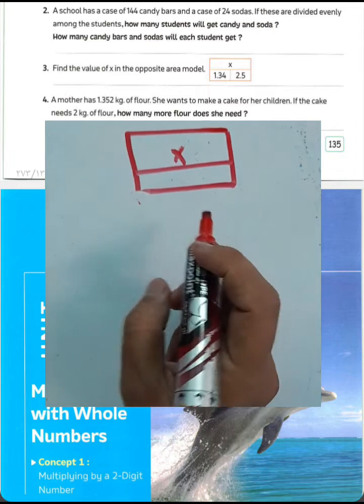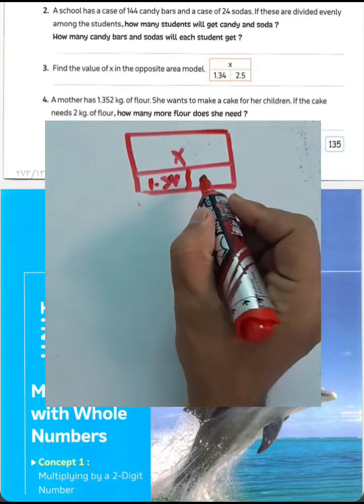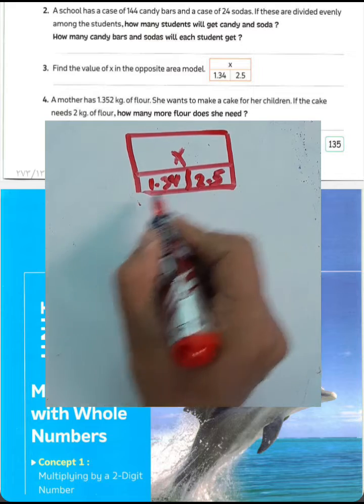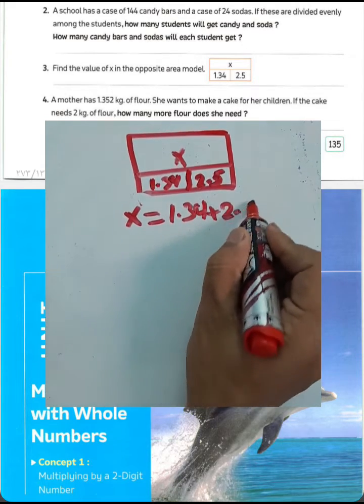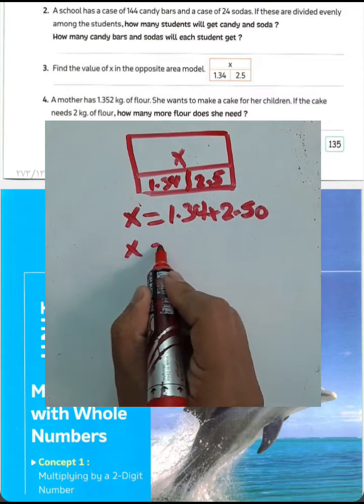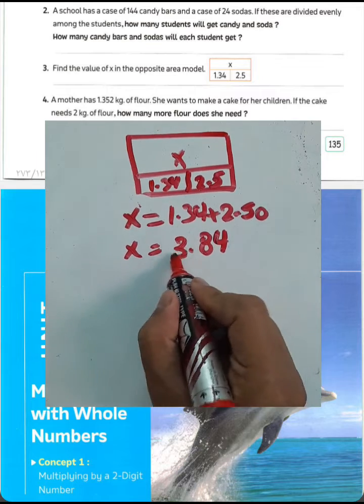We have x at the top and 1.34 and 2.5 at the bottom. We can add them: 1.34 plus 2.5. Put 0. 0 plus 4 equals 4. 5 plus 3 equals 8. Put the point. 2 plus 1 equals 3.